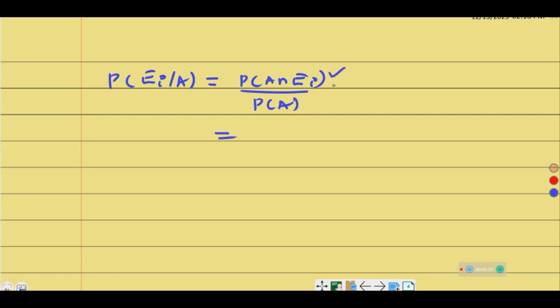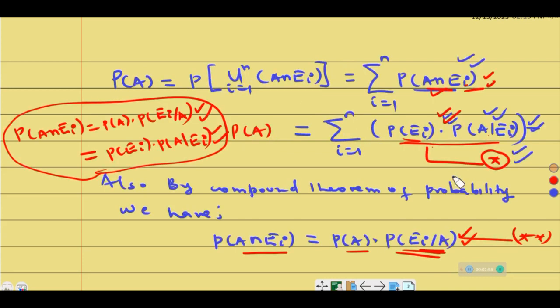Now we already know that this can be written as the probability of Ei times the probability of A given Ei. But we already have the probability of A from equation star.